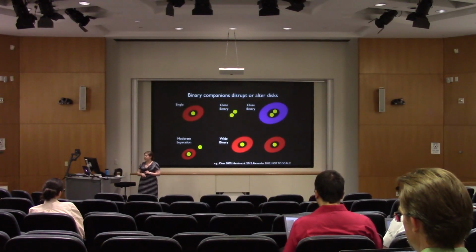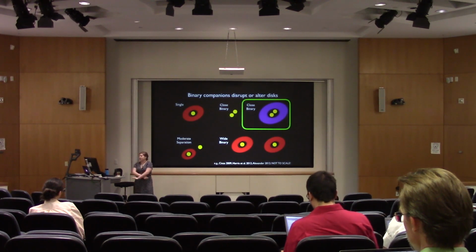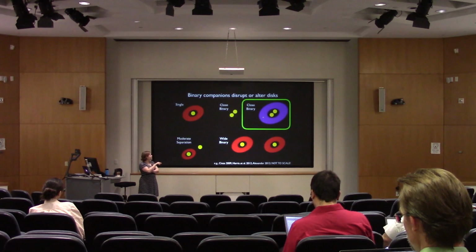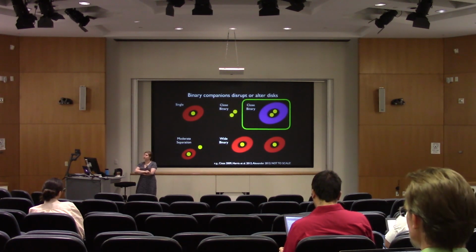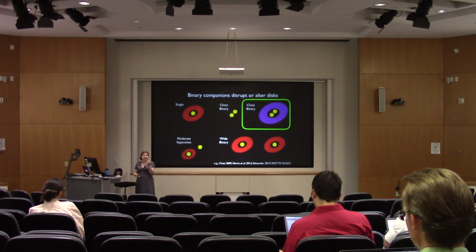So if we look back at this cartoon of what's maybe happening with the disks, that suggests that for these close spectroscopic binaries, they're mostly not disrupting their disks that much. And this is consistent with theoretical work by, say, Alexander 2012, that when you get two binaries so close together, both the gravitational and photoevaporative UV effects on the disk are actually reduced.